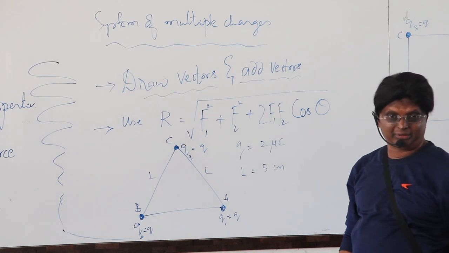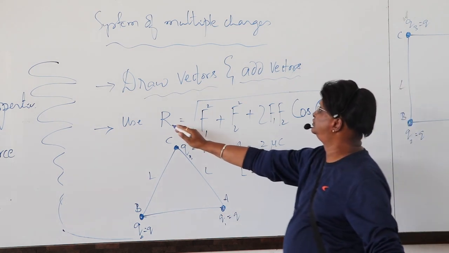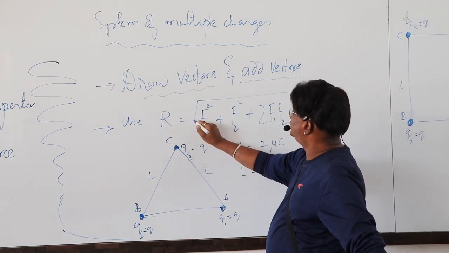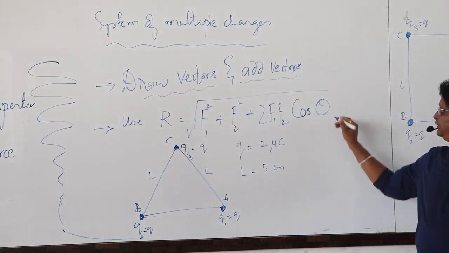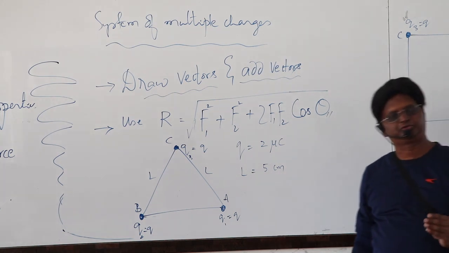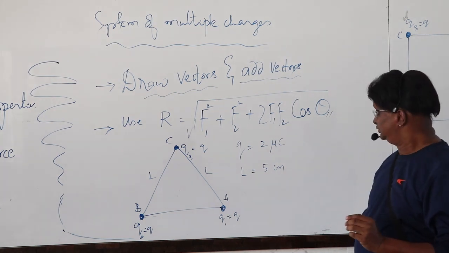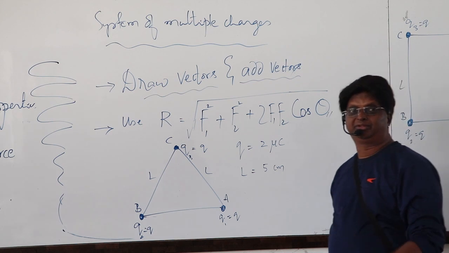that we have learned in our 11th class: the resultant force is equal to root of F1 squared plus F2 squared plus 2 F1 F2 cos theta, theta being the angle between the two forces. Let me just explain one simple example.